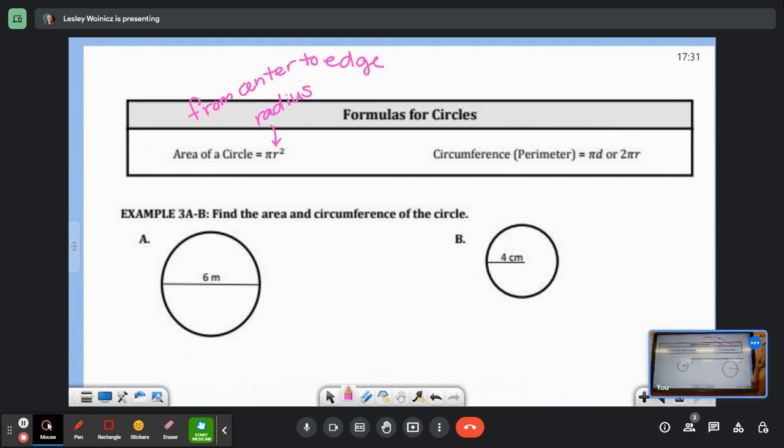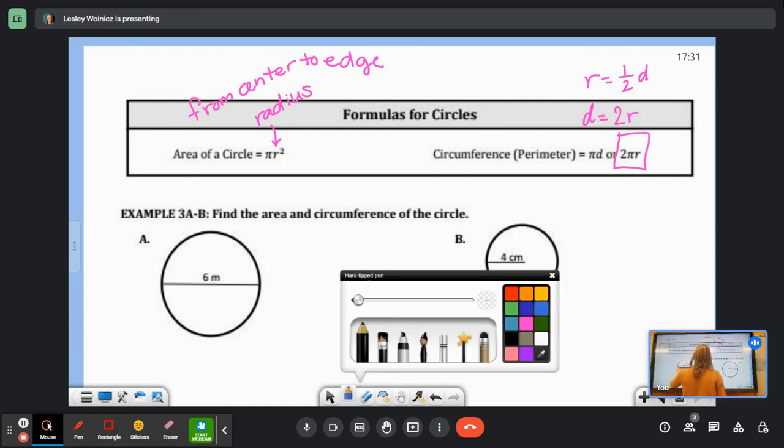The circumference is 2 times pi times r. We're going to use this one more often. The diameter, guys, is just twice the radius. Or, if you prefer, the radius is half of the diameter. Those two things are the same.